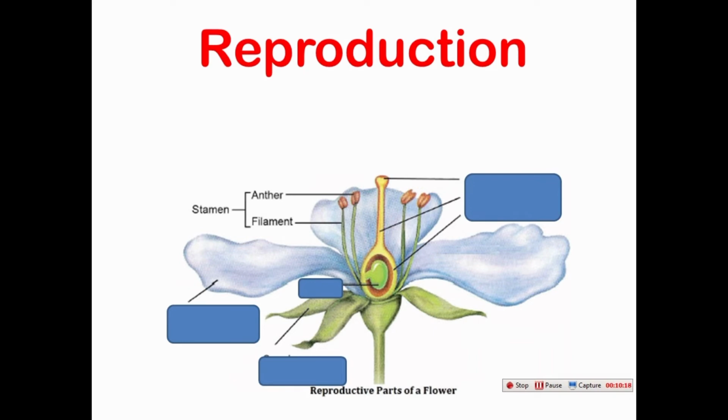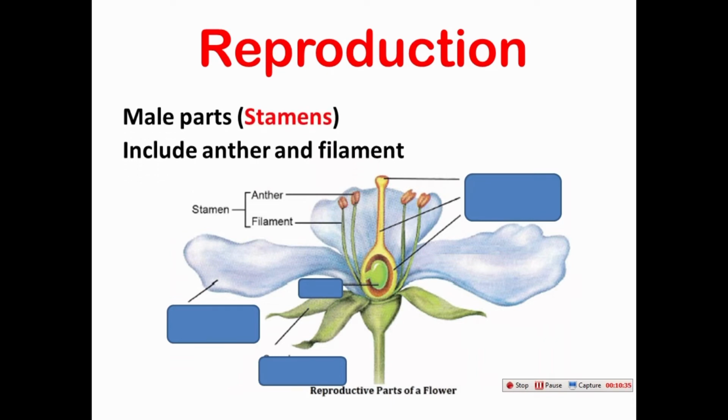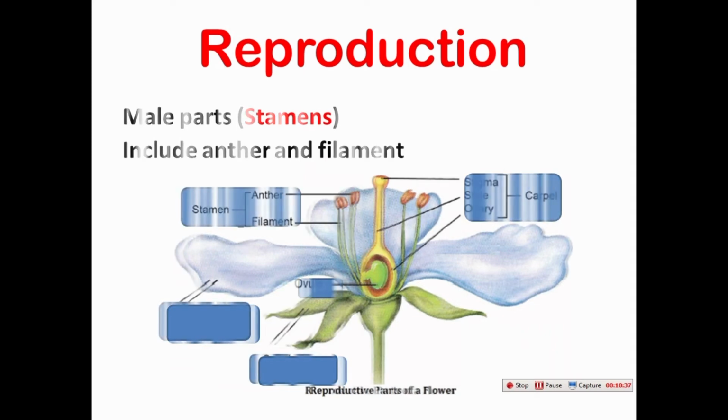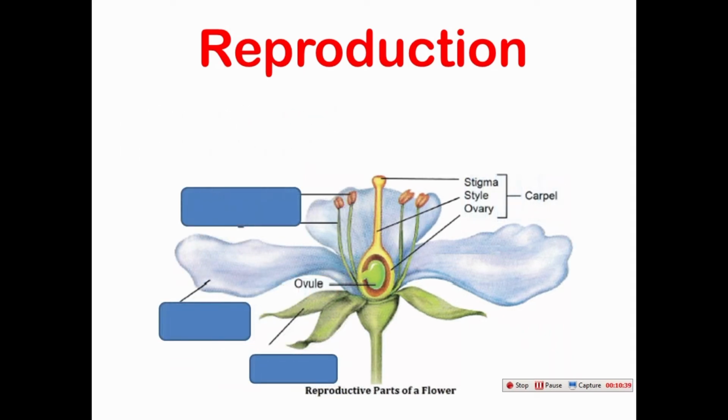The male parts are called stamens. They include anther and filament. Look at this picture, you can see which one is the anther and which one is the filament. Next, we have the female parts of a plant.